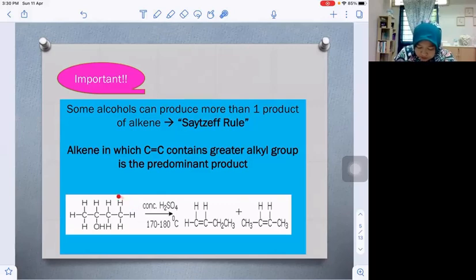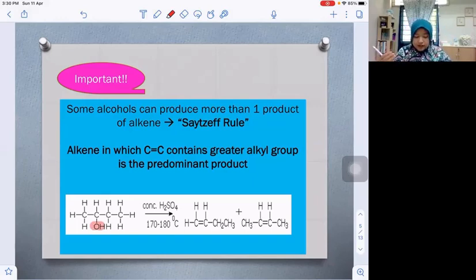Let's look at the example that we have here. We have a hydroxyl that is attached to carbon 2. If this alcohol is reacted with concentrated H2SO4 at a temperature of 170 to 180 degrees, we know that this reaction is the dehydration of the alcohol, in which the hydroxyl will come out with a hydrogen from the neighbor carbon.